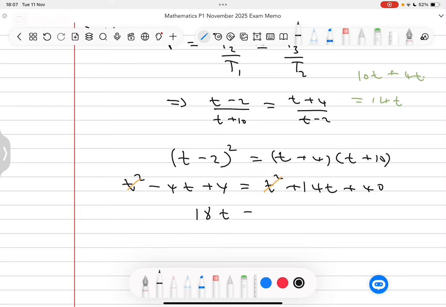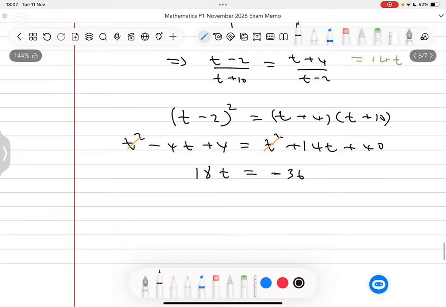So I'm going to have 18t equal to, and now I'm grouping the numbers, the 40 and the 4. Because I took this to this side, I'm going to take the 40 to this side. So that means I'm going to have 4 minus 40, and that should give me negative 36.